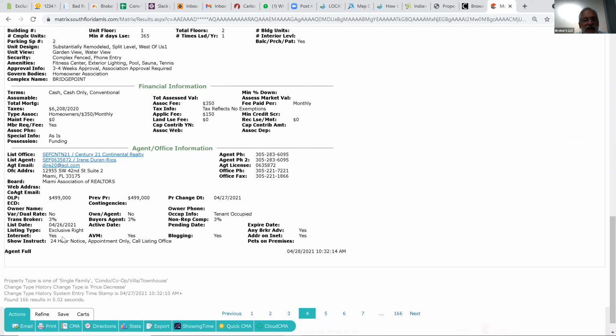Yes, that means that anyone can get this listing except some information that belongs to the contract. AVM is exactly the valuation. That's the estimate. Just remember, AVM, that's the estimate. You see that they put yes? They allowed Zillow to use the estimate system.